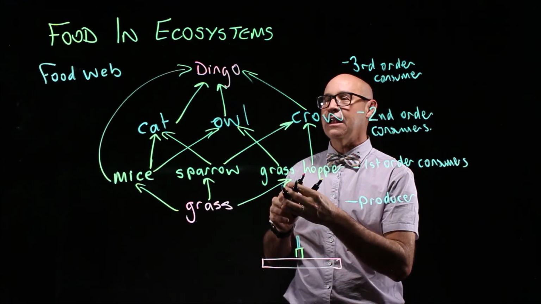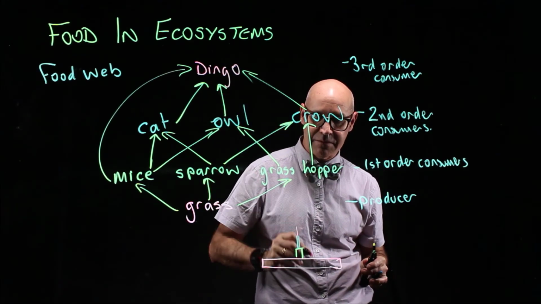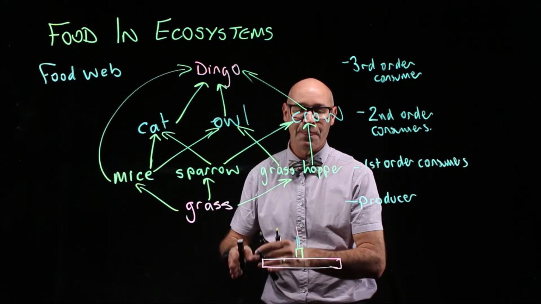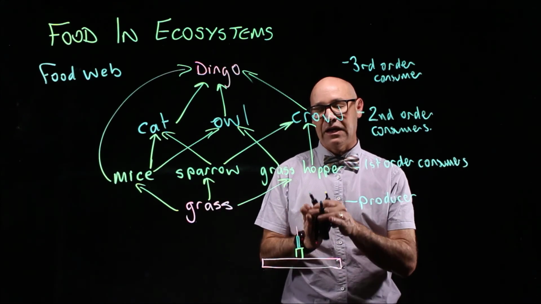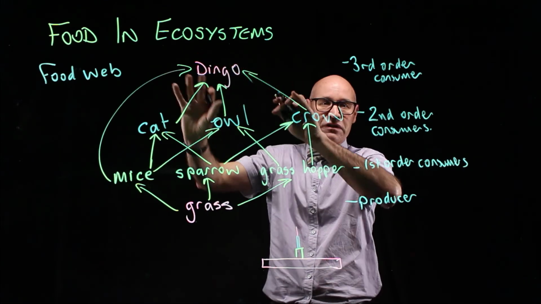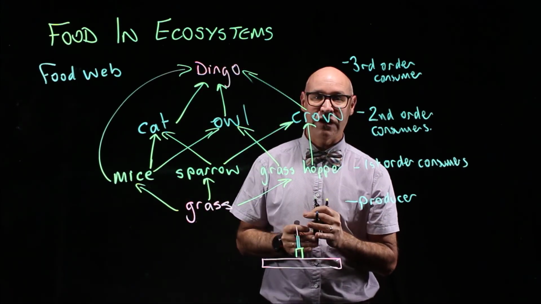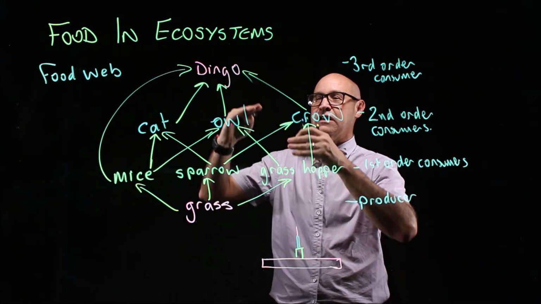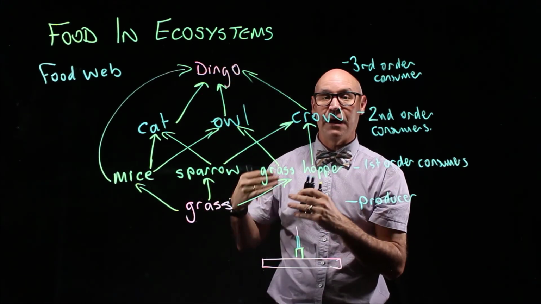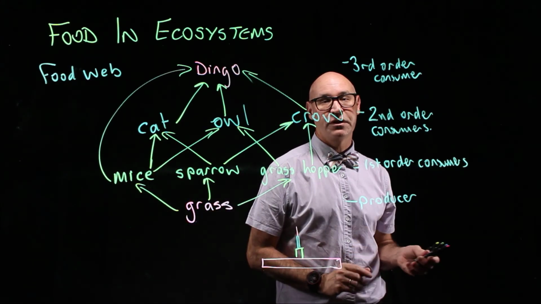And the energy then that's able to be transferred through to the third order consumers is only 10% of that. So as you can see, there's much less energy available at every level, such that there's going to be much fewer dingoes than there are of the cats and the owls and the crows, etc. And it can't sustain anything above that. So that's how we can represent how energy flows through an ecosystem.